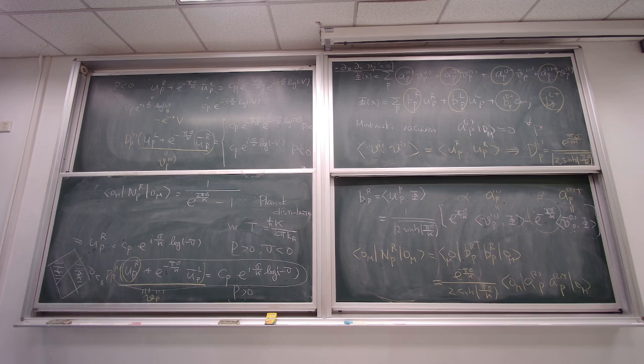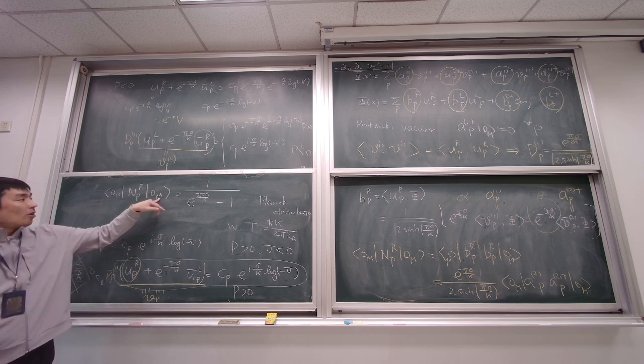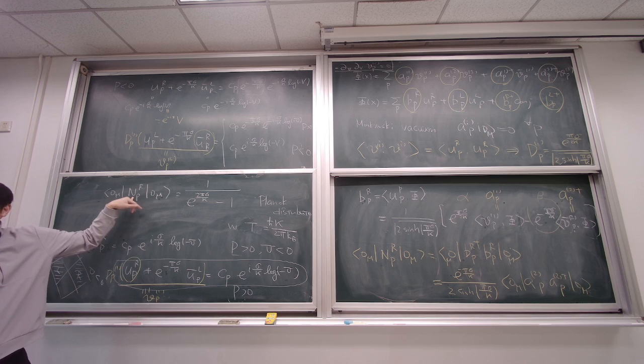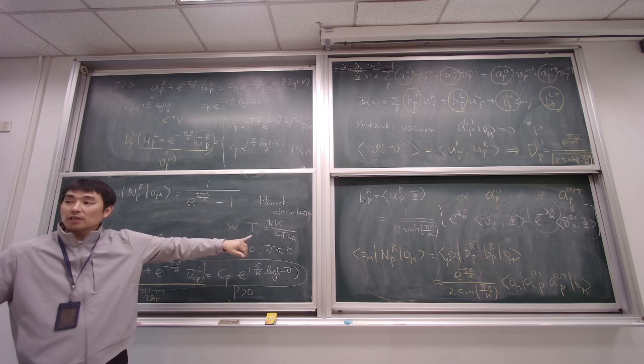So therefore, this means that the Minkowski vacuum observed by a Rindler observer will no longer be the vacuum but will receive some thermal states with temperature given by the surface gravity divided by 2 pi.